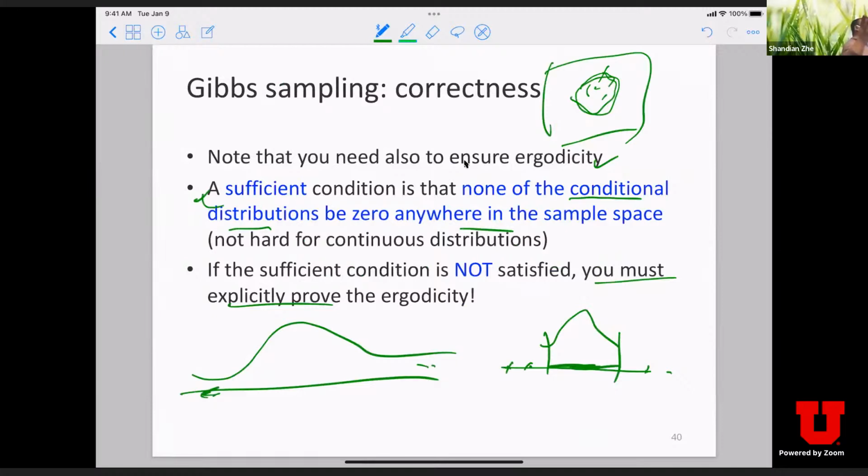If this total probability is bigger than 0, then you can probably show the irreducibility, something like that. But anyway, in practice, it is not very often you're going to need to show this ergodicity.